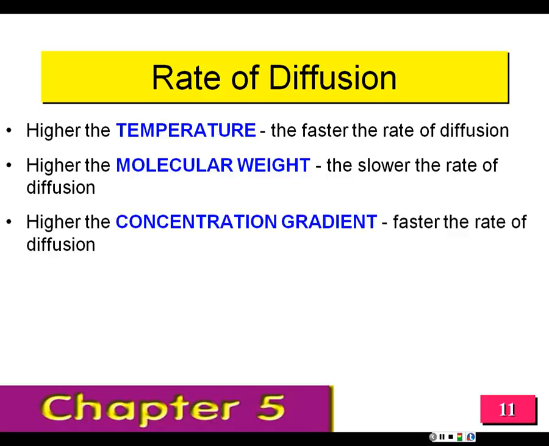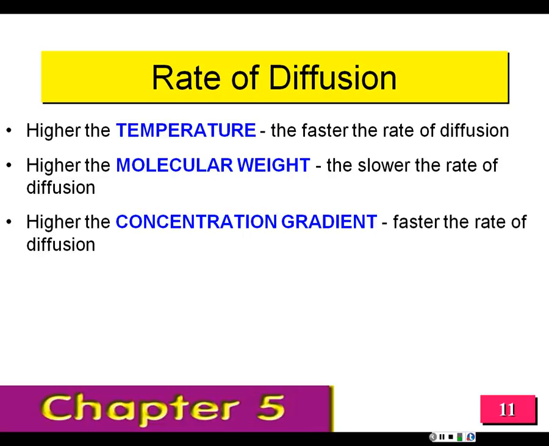If I've got two solutions, here's beaker one, here's beaker number two. I'm going to layer two solutions in both beakers.